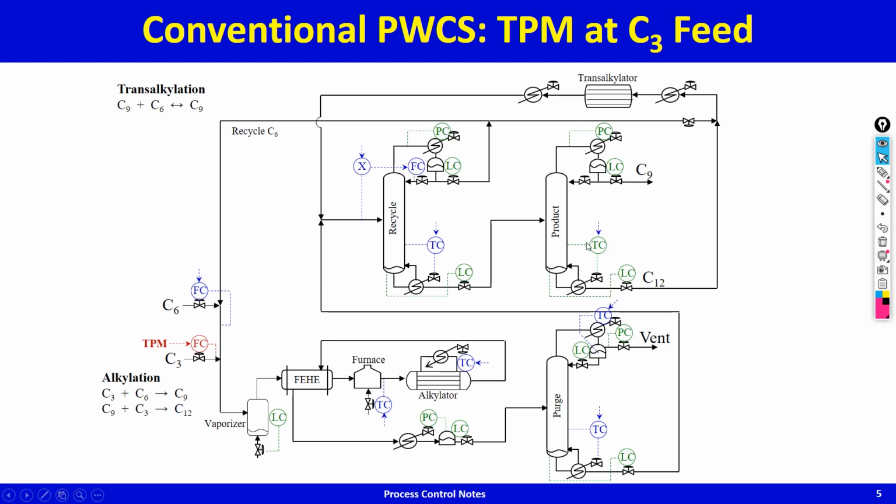So that is why I have drawn this temperature controller in green, because unless this temperature controller is on, this level control is not going to work. Of course, its set point is in blue, because what temperature set point you give is going to affect the steady state, is going to affect the purity of the C12, the bottom stream. So this temperature controller is drawn in green deliberately, to emphasize that unless it is on, bottom level control is not going to work.